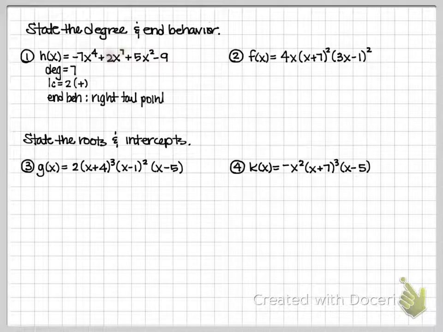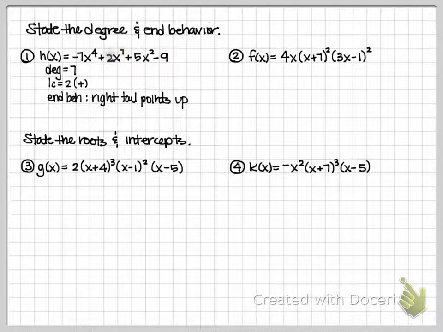Now, depending on who your teacher is, they may decide that you can give them symbols to describe end behavior. As I've stated in my class, if you have me for your teacher, I expect you to describe it in words. Okay, now let's go back to the degree. The degree is going to help us figure out what the left side of the graph does as it relates to the right-hand side.